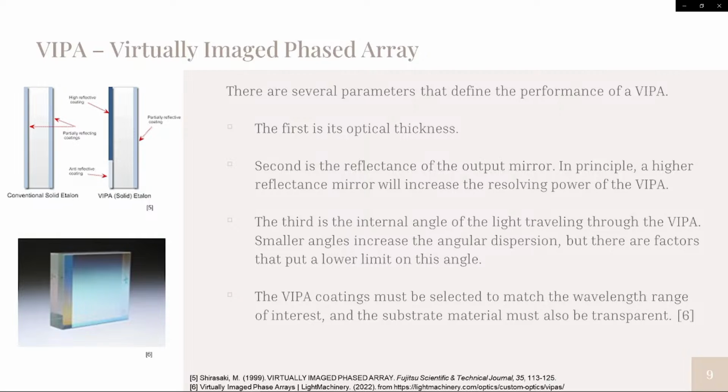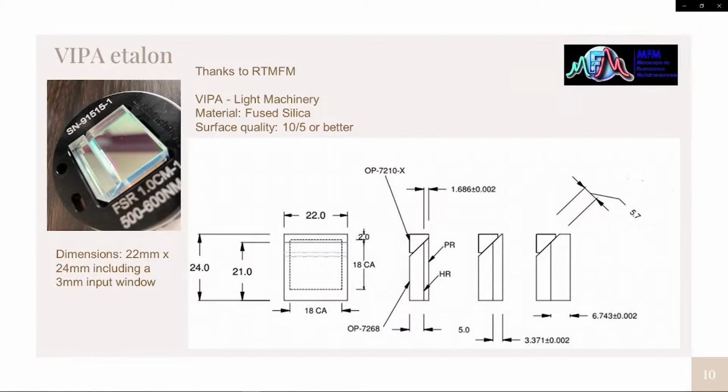The VIPA coatings that you select need to match the wavelength range that you're using, and the material must be transparent. Keeping all this in mind, thanks to RTM-FM, we have a VIPA from Light Machinery, which is exactly the VIPA that I'm using for my system.